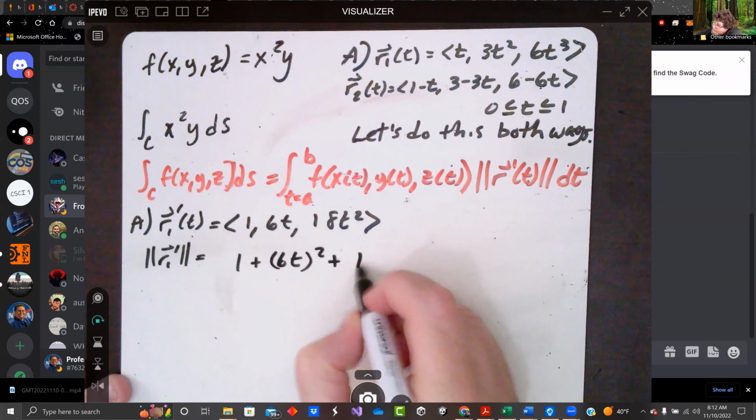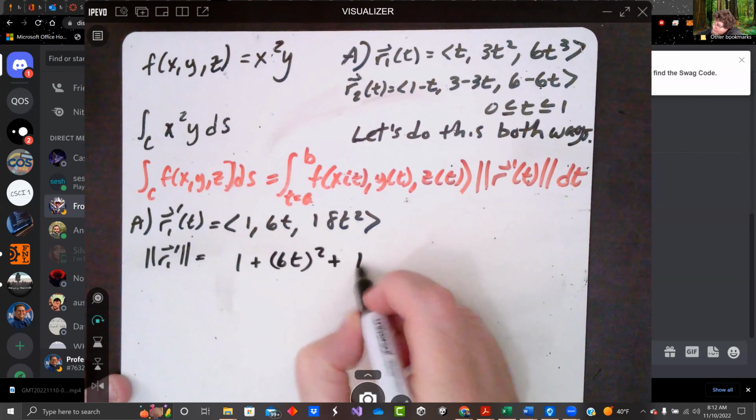So this just ends up being 18T squared plus 1. If we FOIL that out, multiply it out, I get 18T squared squared, I get 18T squared plus 18T squared, which is 36T squared, and I get the 1. So it is 18T squared plus 1, that quantity squared. And since we're taking the square root, and T squared's positive, 1's positive, I don't need the absolute value signs. That's just what the magnitude of the derivative is.